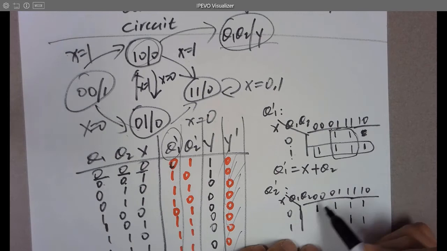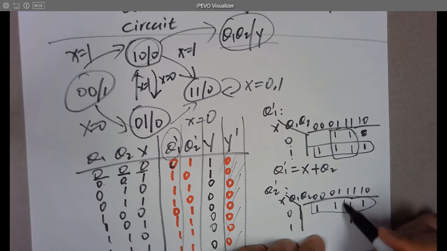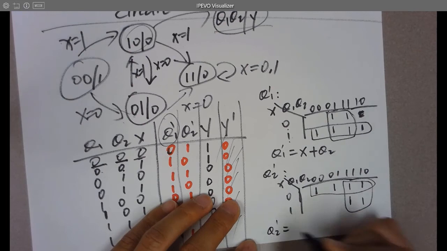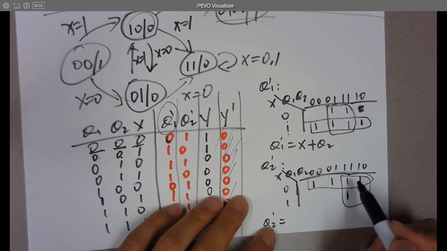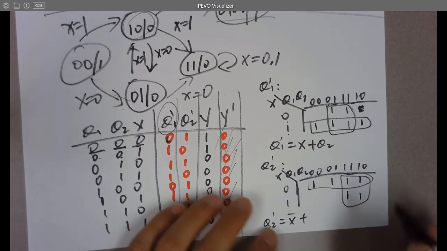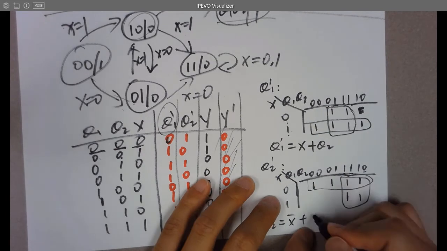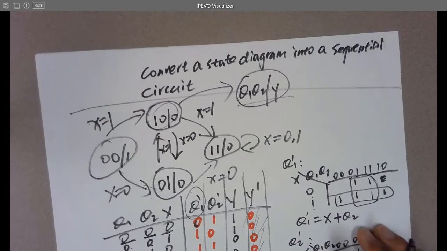Right, something like that. You group that, you group that. So what is Q2 prime? That one is just X bar. That one is Q1.